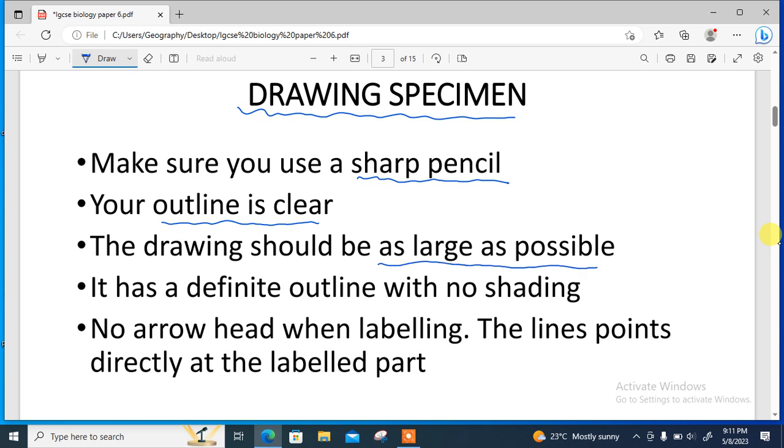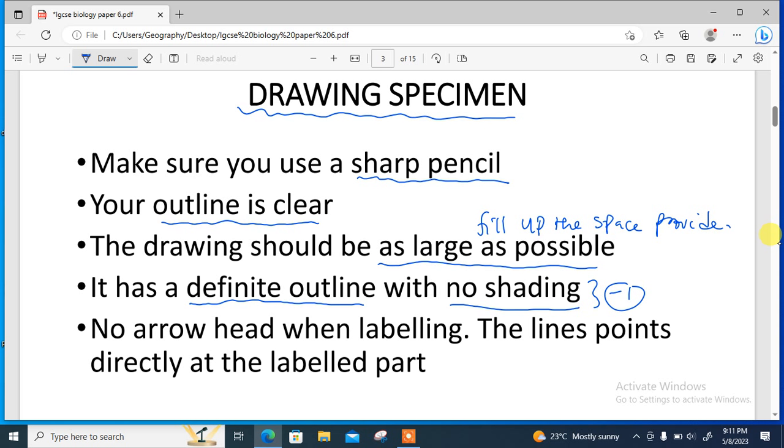It should at least fill up the space provided in the exam question. You should have a definite outline with no shading.